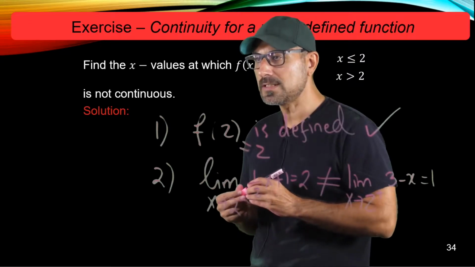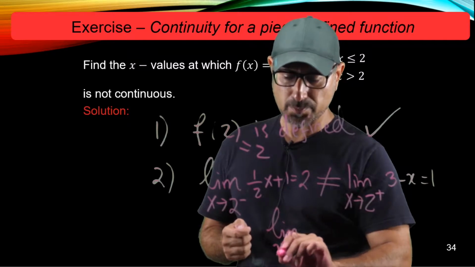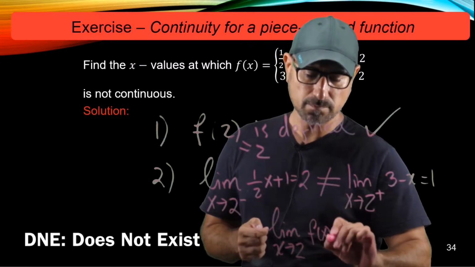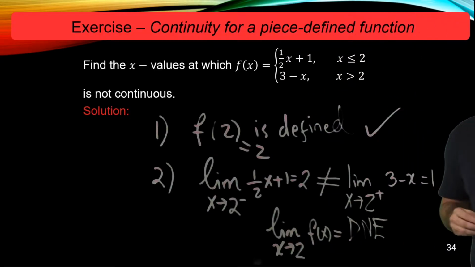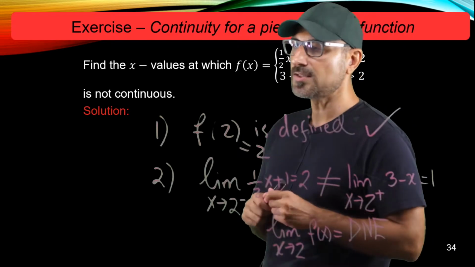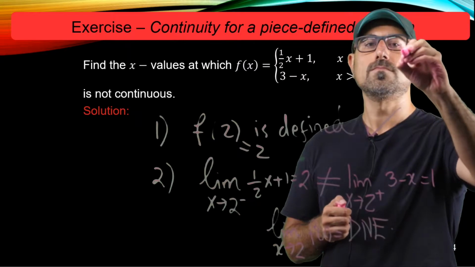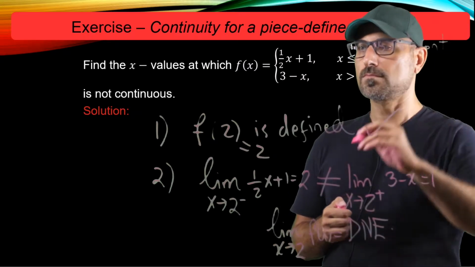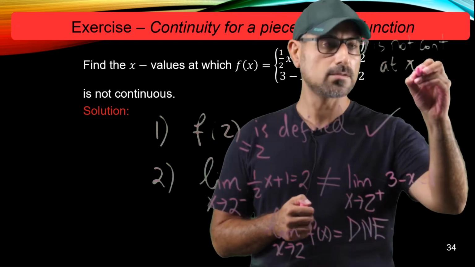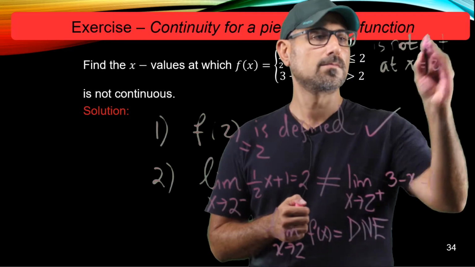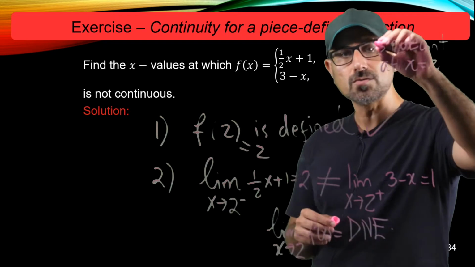At this moment, you can immediately conclude that the limit of the function as x approaches 2 does not exist. And that makes this function not continuous. So the function is not continuous at x equals 2.